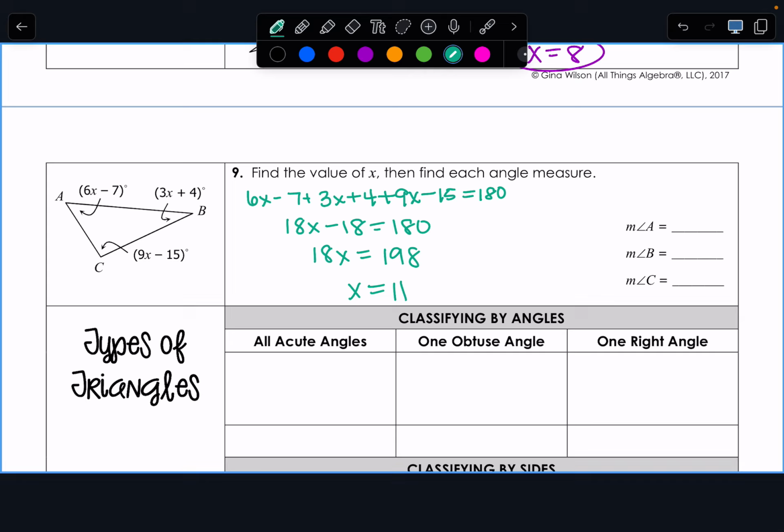A is 6x minus 7. So this would be 6 times 11 minus 7. 66 minus 7 is 59. We'll get there.